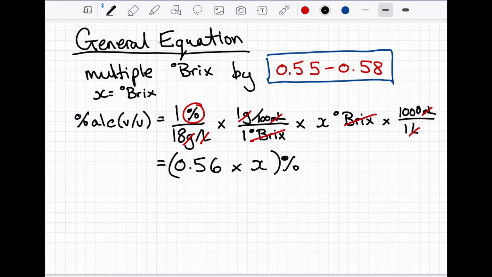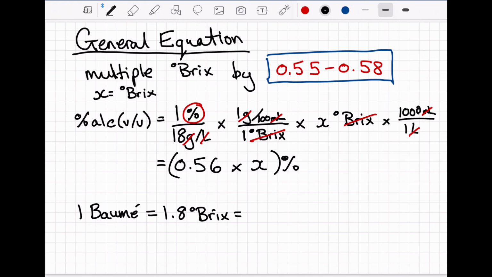Lastly, I just want to point out a couple of quick notes on the units of Baumé and Brix and how they are related. 1 Baumé is the same as, and you can look this up on the internet, 1.8 degrees Brix. Hopefully you're seeing a pattern here.